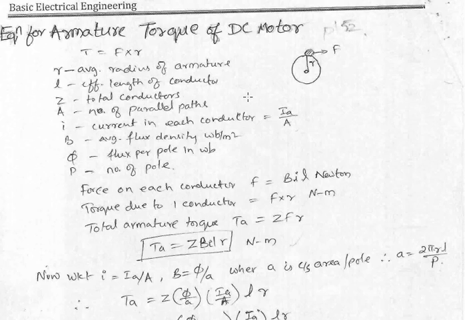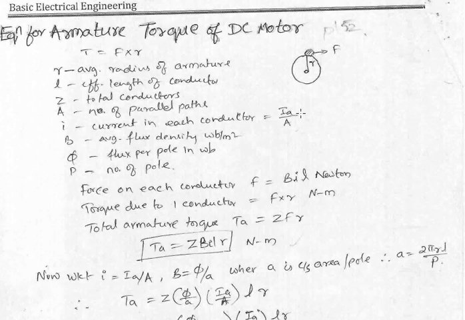For example, there are 1000 conductors and it is wave wound, then we will have 2 parallel paths, and each path will have 500 conductors. So the current passing through each conductor would be total armature current divided by the number of parallel paths. If there are 2 paths, Ia divided by 2.